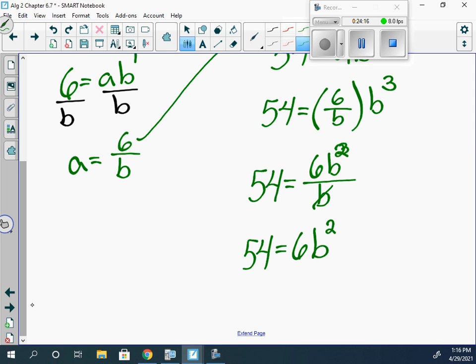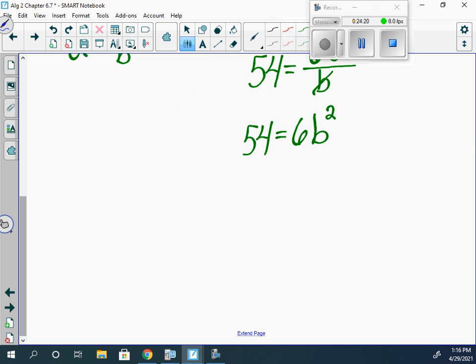What can we do next? Divide both sides by 6, which tells me that b squared is equal to, I believe it should be 9, because 9 times 6 is 54.